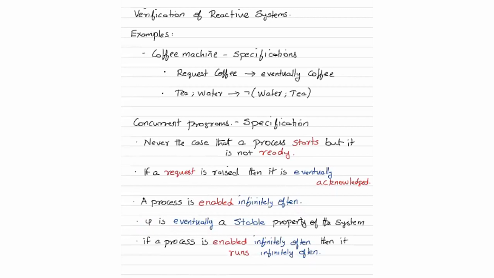So if you want to make this kind of specification, which makes a lot of sense in concurrent programs, and especially involving such reactive systems, well, you could use first order logic, but you might be able to get away with a more domain specific kind of framework.